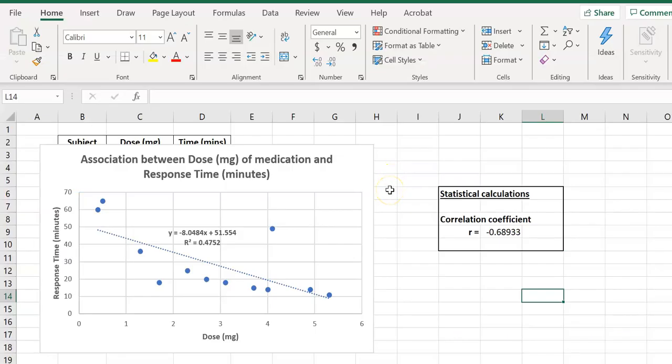How did you go? Hopefully your scatter plot looks something like this: nice open scale, trend line, and the R squared value put in, labeled axes, nice title, and your correlation coefficient should be negative 0.68933.